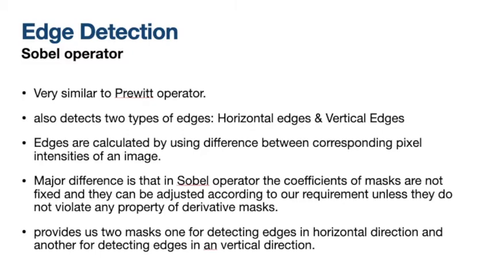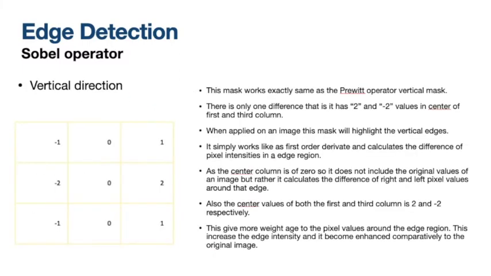Okay, and it again provides two masks, one for detecting edges in the horizontal direction and another for detecting edges in the vertical direction. So this is the Sobel operator mask for detecting the vertical edges. This actually works similar to the Prewitt operator mask.